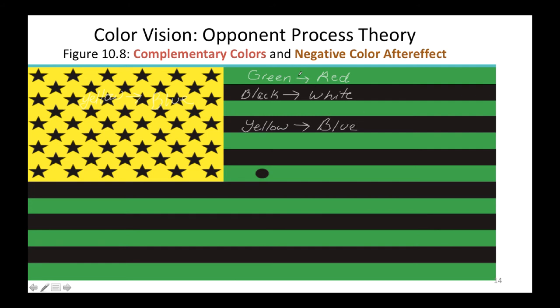And this is actually a two-way street. We can stare at red, the after image would be green. We can stare at white, the after image would be black. We can stare at blue, the after image would be yellow. So this is telling us that something different is happening in our visual system, that there are neurons that get stimulated.